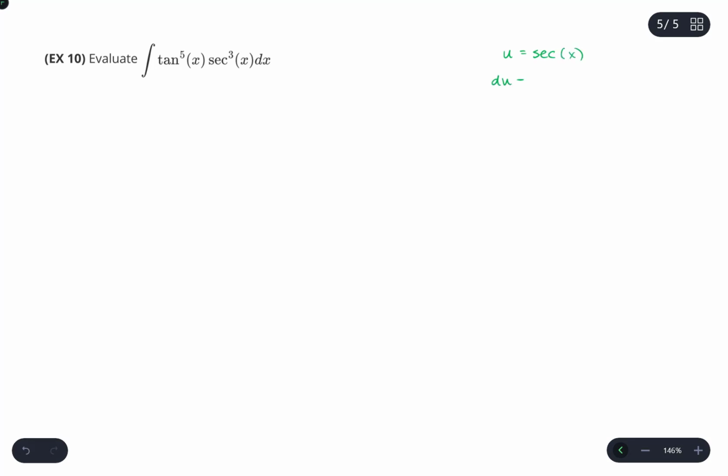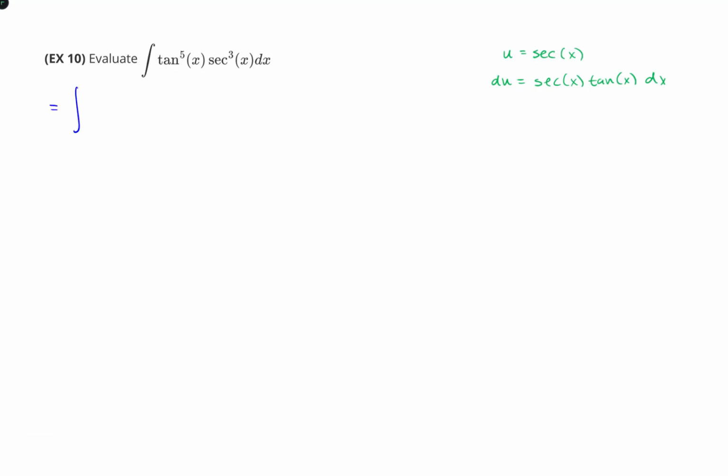So ultimately, if I'm working with the odd power of tangent, that means I'm going to be substituting with secant. So I'm looking to preserve secant of x, tangent of x factor, in order to do my u substitution. So let's see what happens.